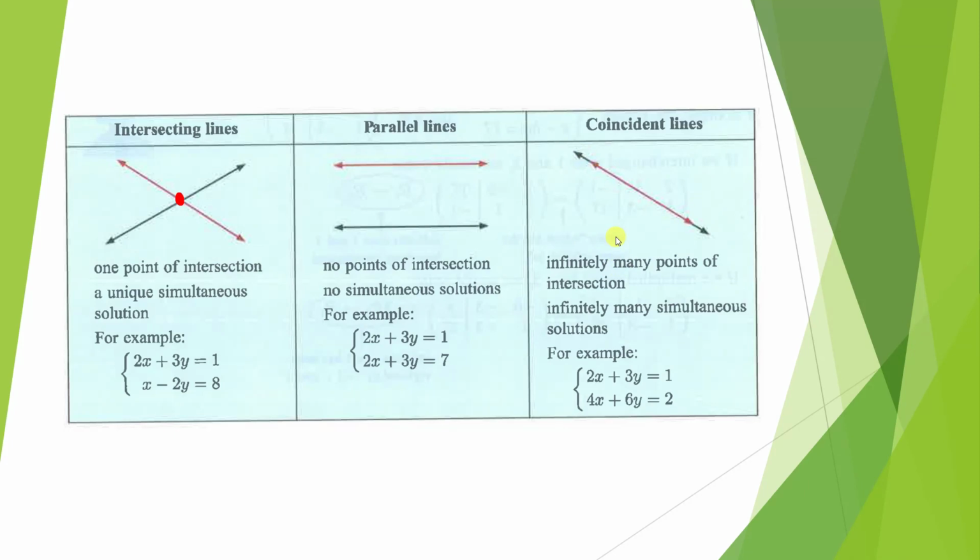This is the meaning. Only one solution is the intersecting point. Parallel lines have no solution. Coincident lines have more solutions, or infinitely many solutions.